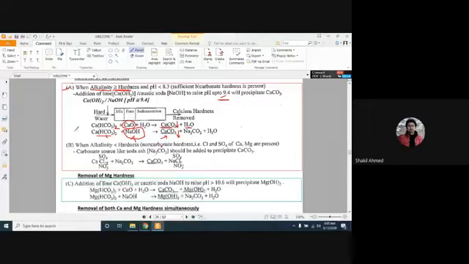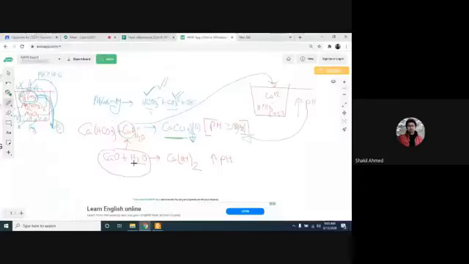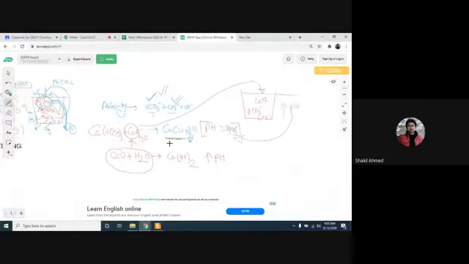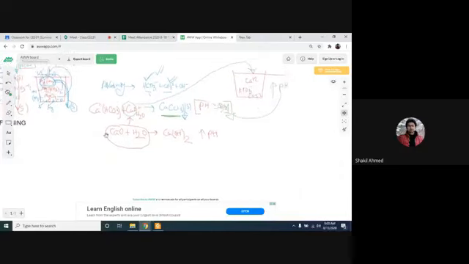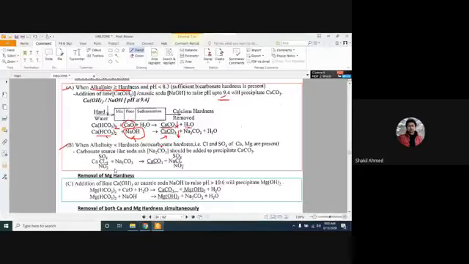Now, condition B. It may happen that your water alkalinity is low. That means your alkalinity is less than hardness. Previously, you had sufficient alkalinity.